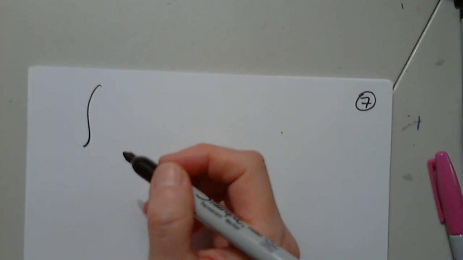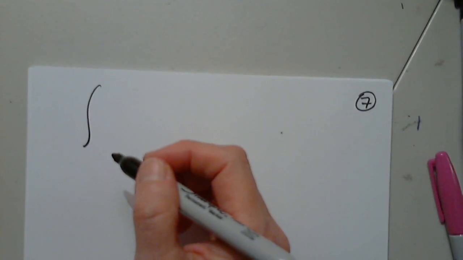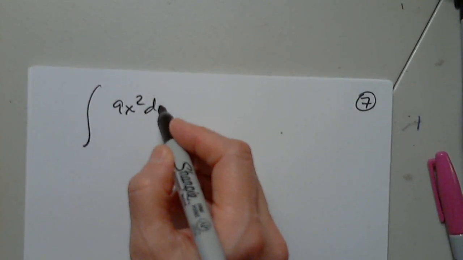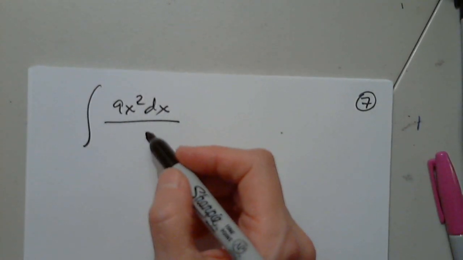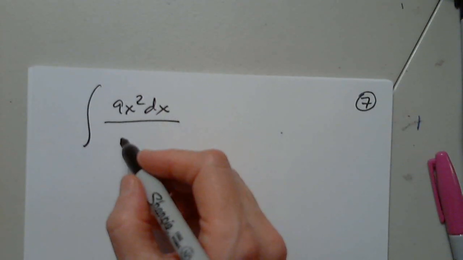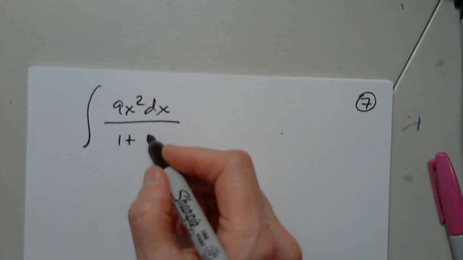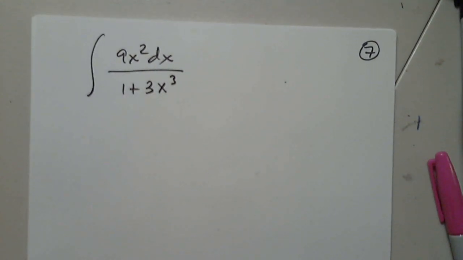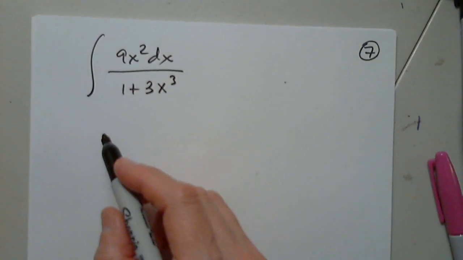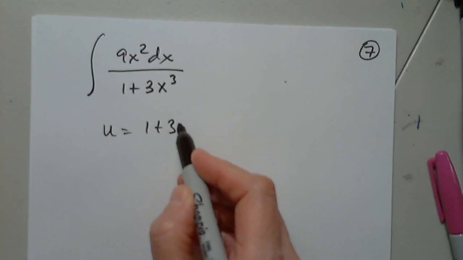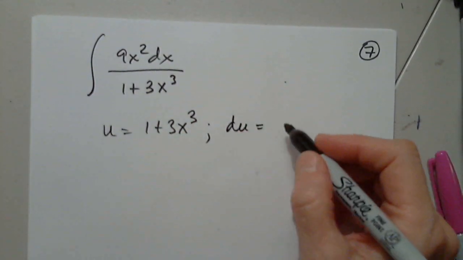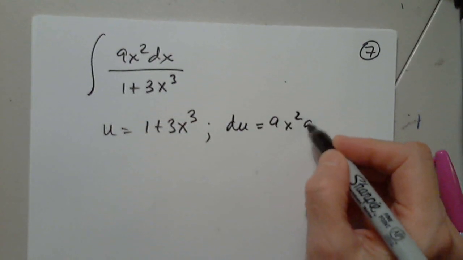Oh yeah. So it would be the integral of 9x squared dx over, let's say, 1 plus 3x to the third. Good. So in this case, we still have u equals 1 plus 3x to the third, and we still have du, which will be, in this case, 9x squared dx.